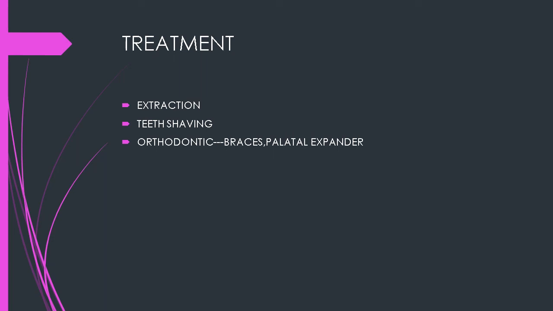So sometimes if extraction or any other treatment option is not recommended, meaning we want to save the tooth, that's the option. The orthodontist will recommend expansion of the arch, if that is possible, like a palatal expander. And then they will use braces in order to align the teeth.